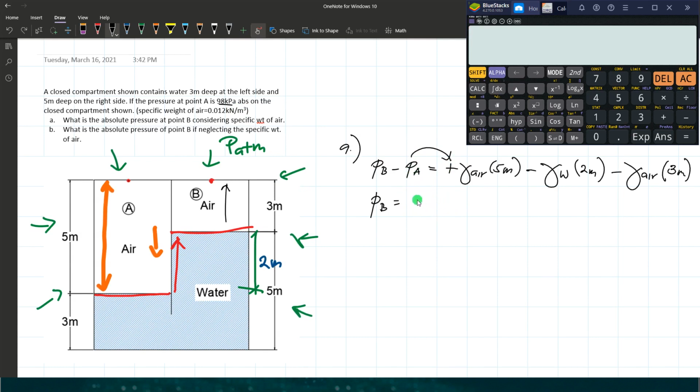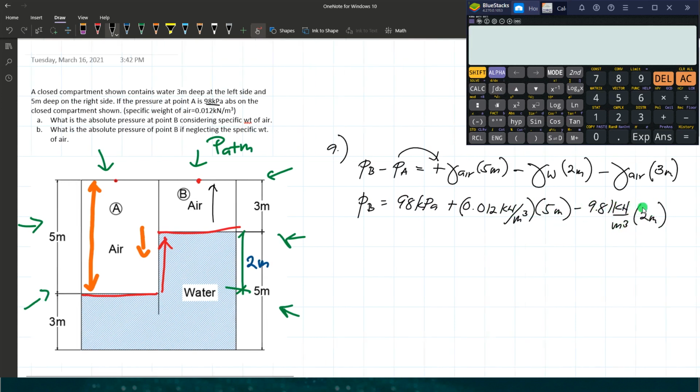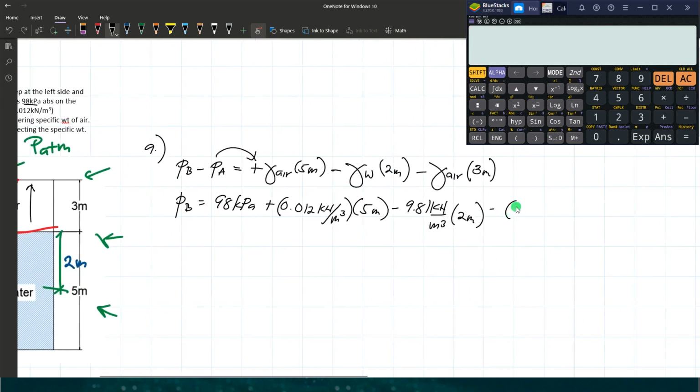Substituting the given, we have 98 plus the unit weight of air, 0.012 kilonewtons per cubic meter times 5 meters, minus 9.81 kilonewtons per cubic meter times 2 meters, minus the unit weight of air, 0.012 kilonewtons per cubic meter times 3 meters.